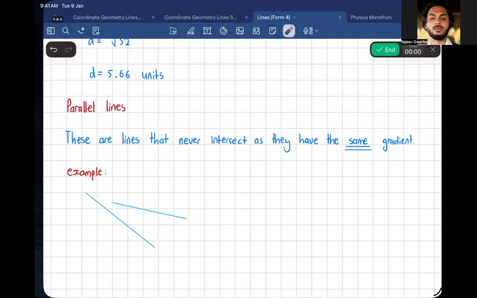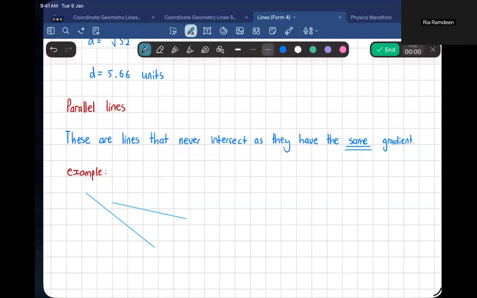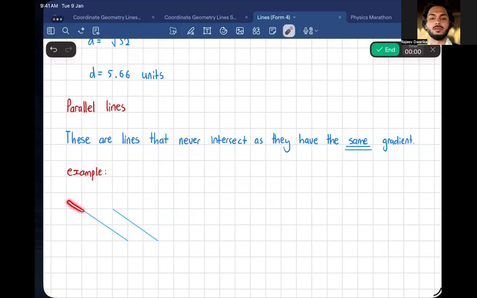Yeah, they would eventually intersect. So would I call these parallel lines? No. What about that line and that line? Yes, you could call them parallel lines, because no matter how much I extend these lines, will they intersect? Nope.